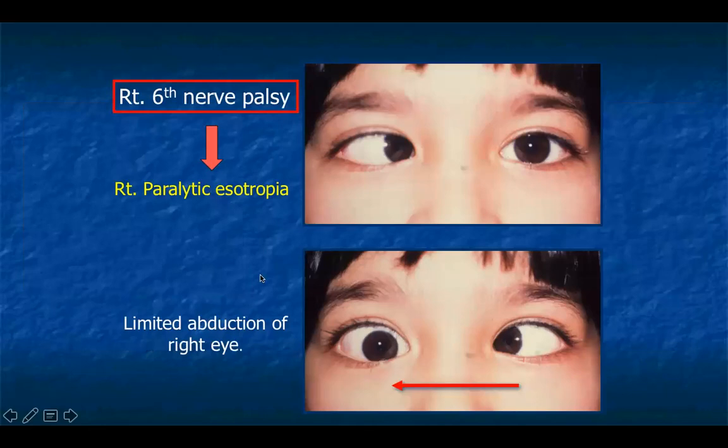This girl has a right sixth nerve paralysis causing a right paralytic esotropia and marked limitation of abduction of the right eye.